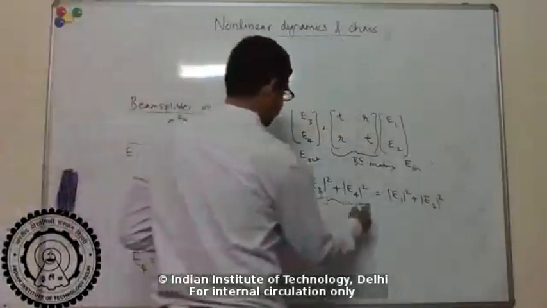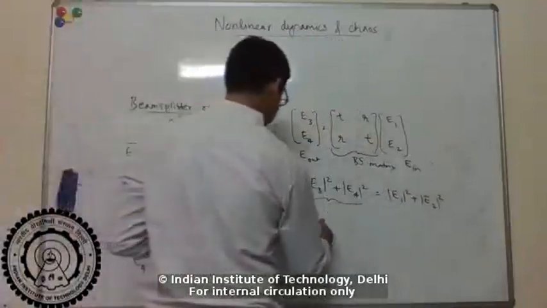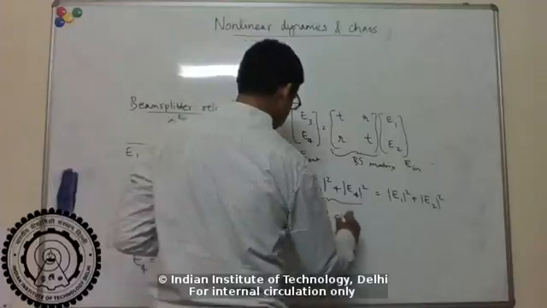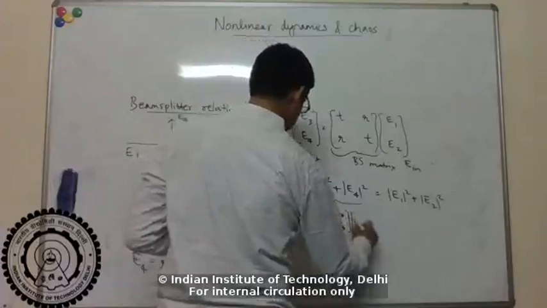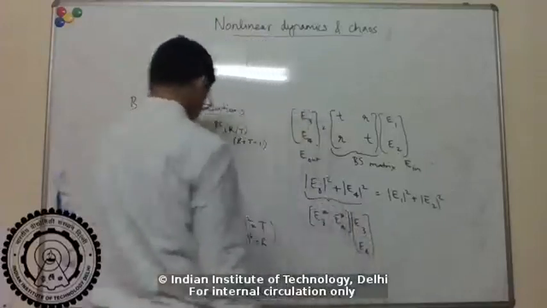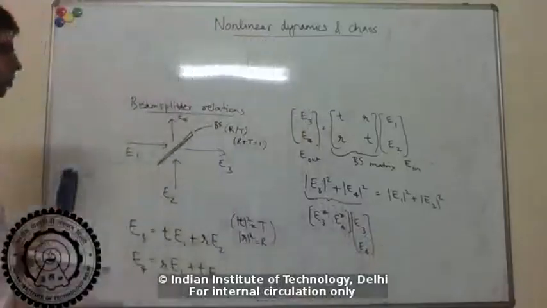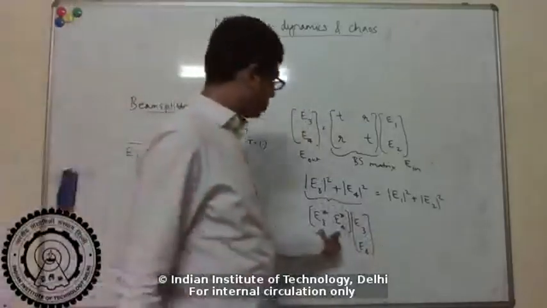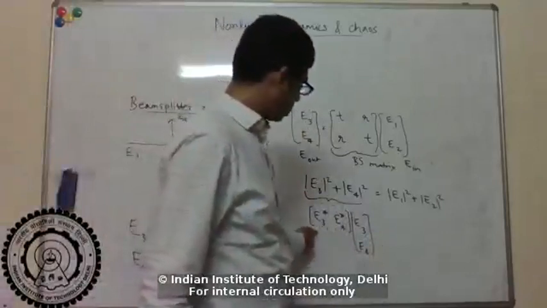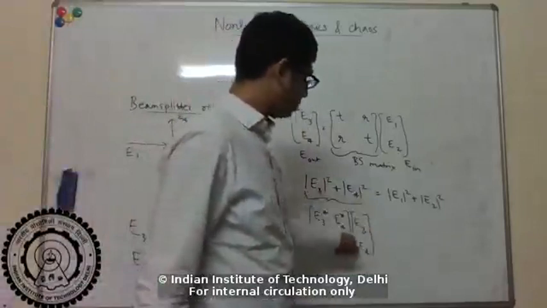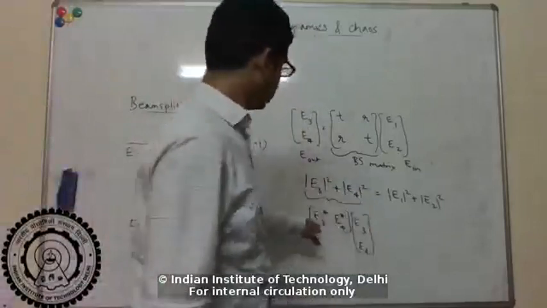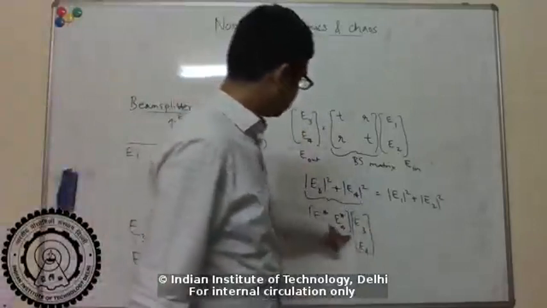So this thing I can write in matrix form like this. It's a row matrix multiplied by a column matrix. You can see the multiplication of this will give you this. And what is this?